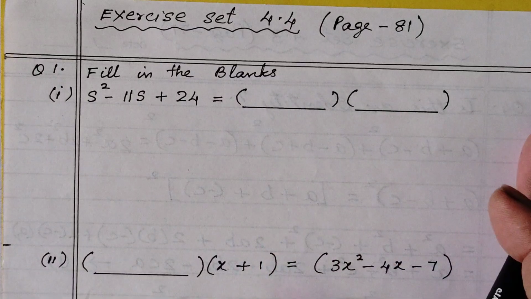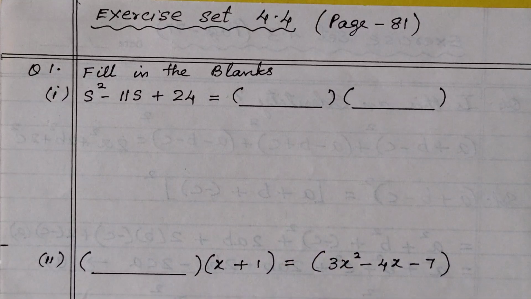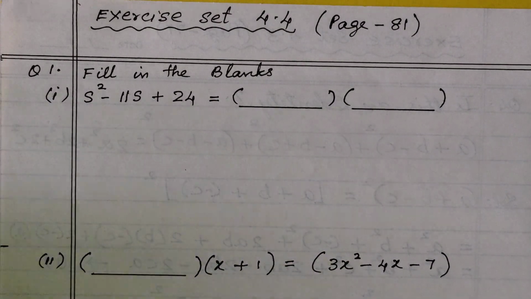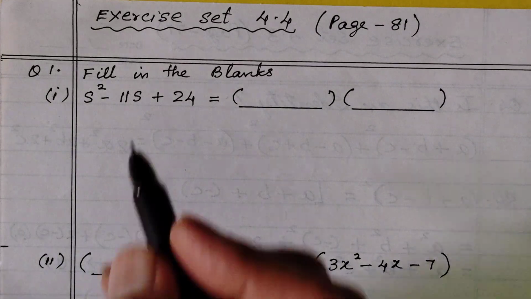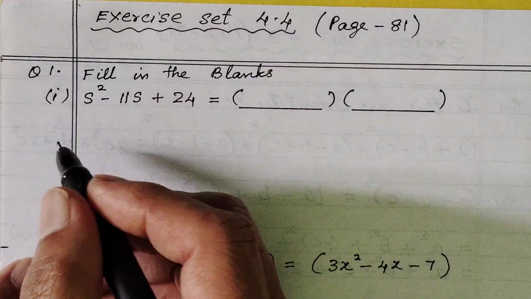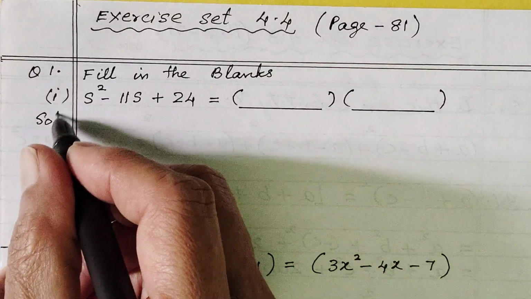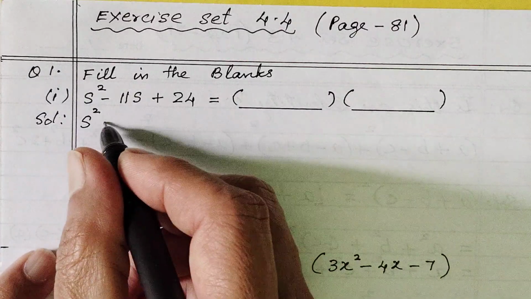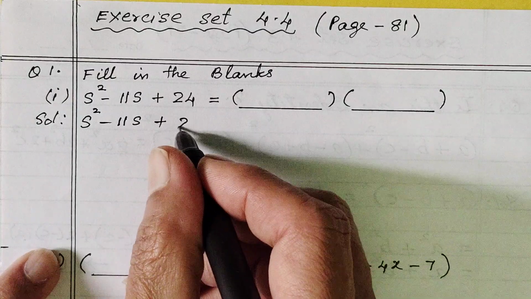So this factorization we will do by splitting the middle term. So here, s square minus 11s plus 24.